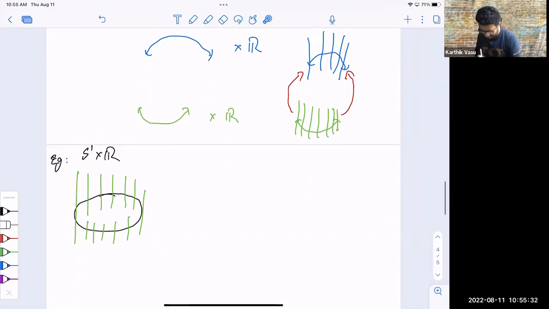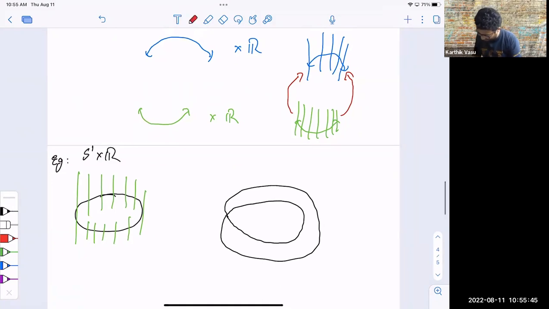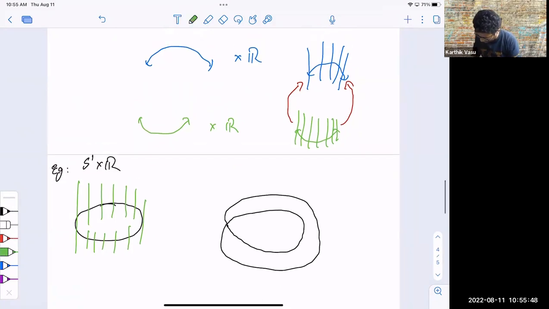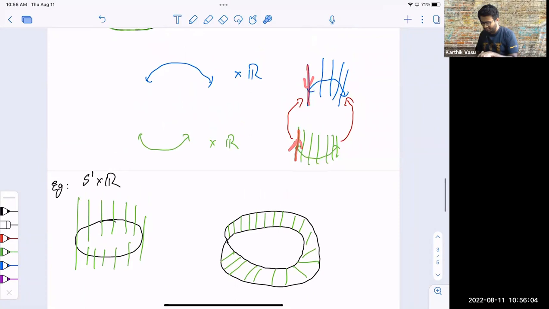If I do one twist over there, the picture will look bad now, but if I twist it over here and glue them, then it will look like this.